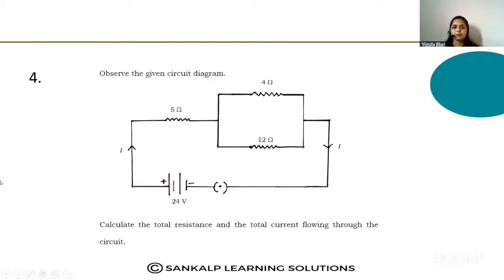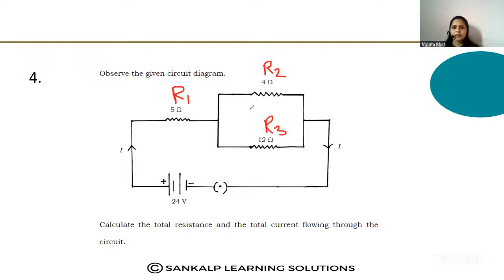Next question. Observe the given diagram and calculate the total resistance and total current flowing through the circuit. Let us take R1 as 5 ohm, R2 as 4 ohm, and R3 as 12 ohm.